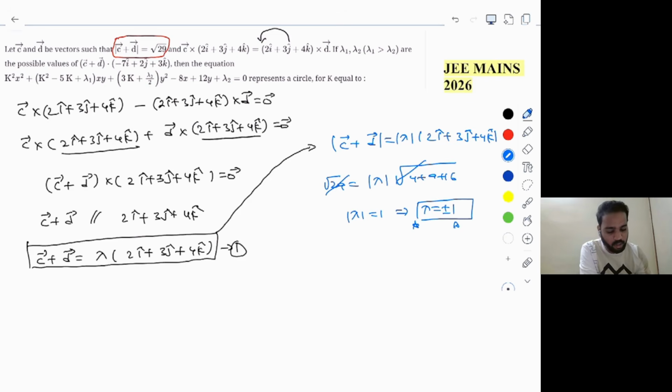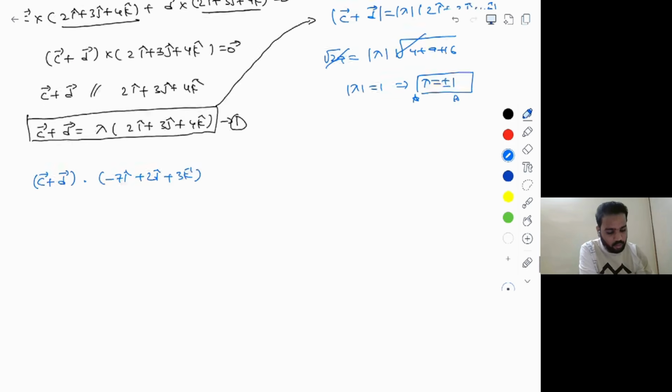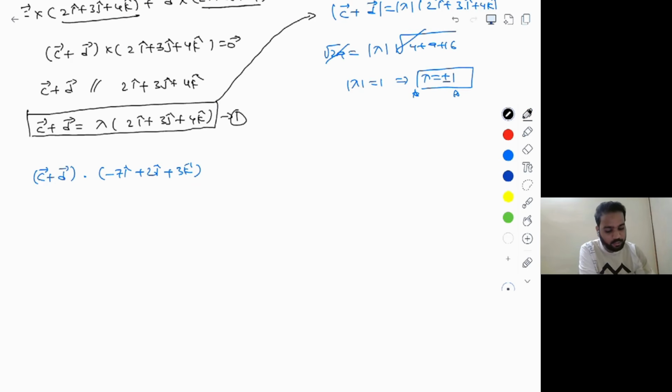Don't commit this mistake. So first thing, we have to find out the dot product of c plus d and the vector minus 7i plus 2j plus 3k here. Okay. Now for that, I will take this value of c plus d. And from equation 1, what is this c bar plus d bar here?